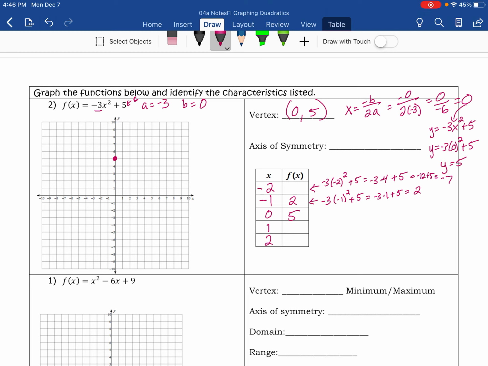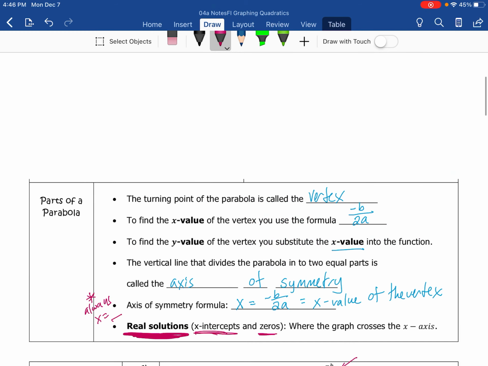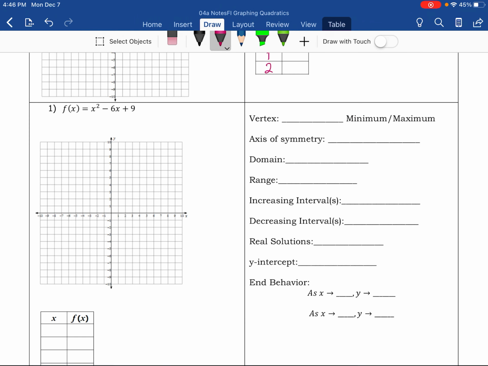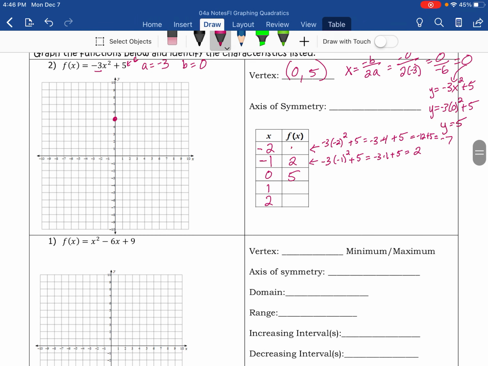Is that right? Okay, yeah. Sorry, my brain broke for a second. So that's going to be -7. So I plot those points, so it's going to be -1, 2.